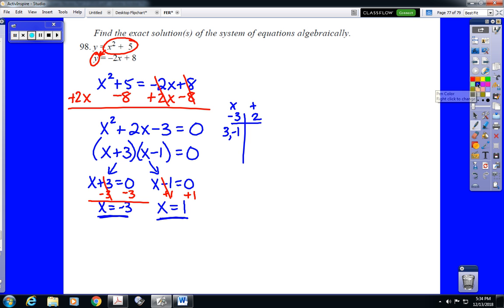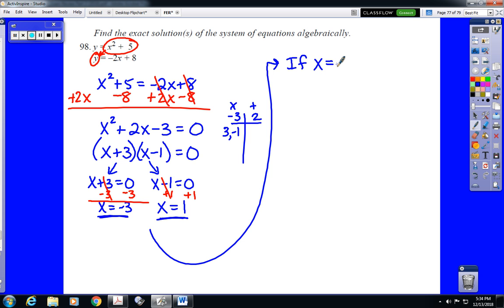So I told my students I want them to write this part out. If x equals, and list the first possible x value, negative 3, then y equals, and plug it in up here. So that would be negative 2 times negative 3 plus 8. That would be 6 plus 8, or 14.